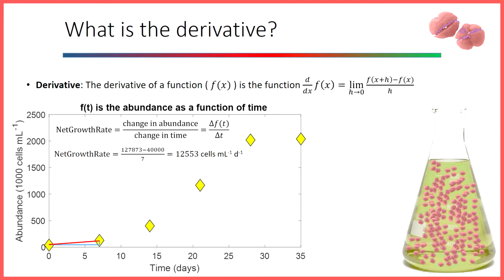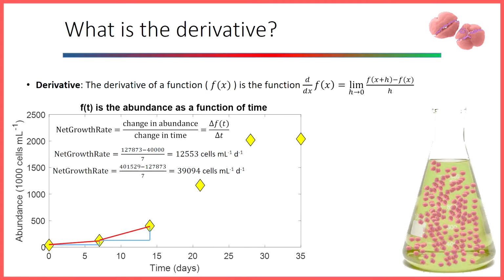We can do this again to calculate the net growth rate during the second week of the experiment. After week 2, we measured 401,529 cells per milliliter, so the population increased from 127,873 cells per milliliter to 401,529 cells per milliliter over 7 days, and we compute a growth rate of 39,094 cells per milliliter per day.